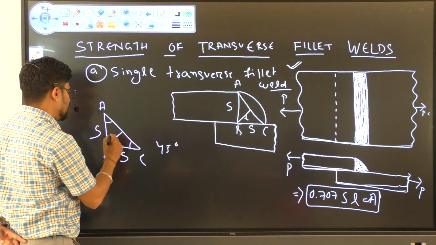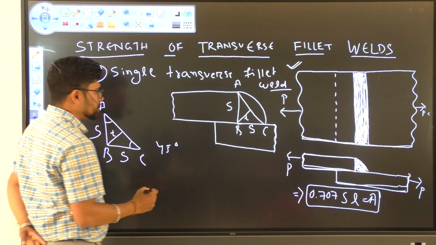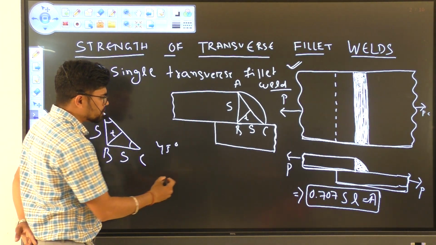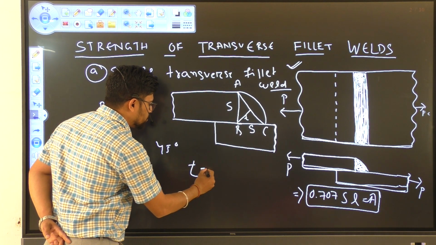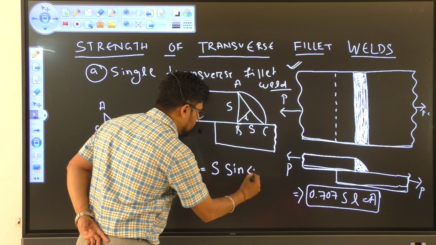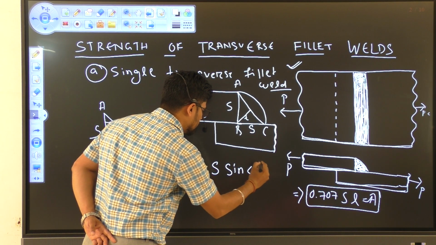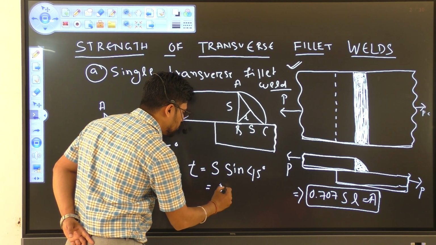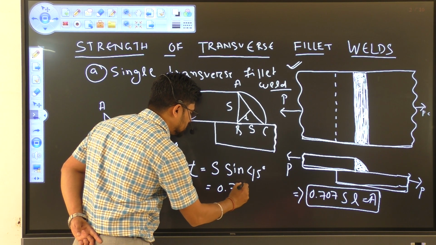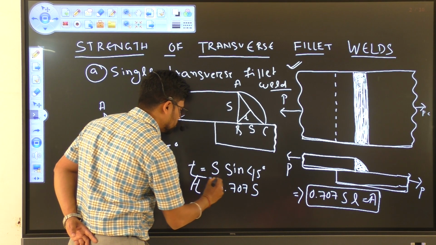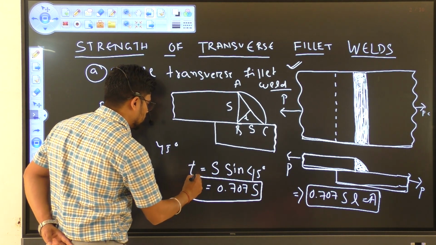From the sine formula we can calculate the length of the throat, that is T equal to S sine 45 degree, which is nothing but 0.707 S. So here we have got the throat thickness.